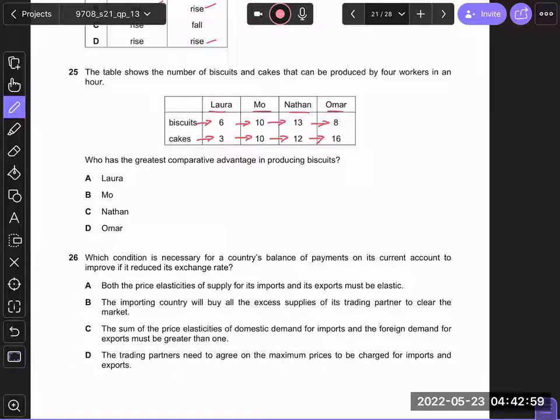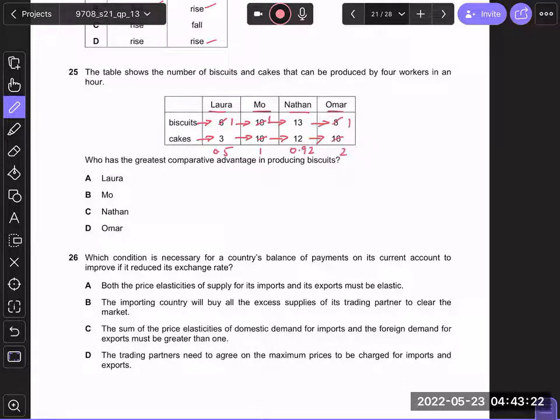See, if Laura produces one biscuit, she will be leaving 0.5 cakes. If this one produces one biscuit, they will be leaving 1 cake. Nathan, if they produce 1 biscuit, then they will be leaving how much cake? 12 upon 13 is 0.92. And for this one, they will be leaving 2.